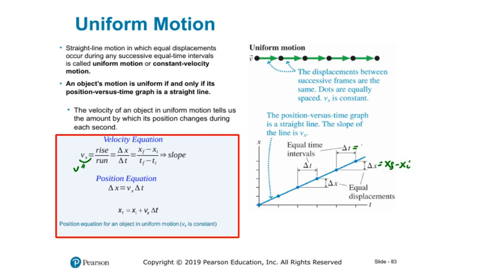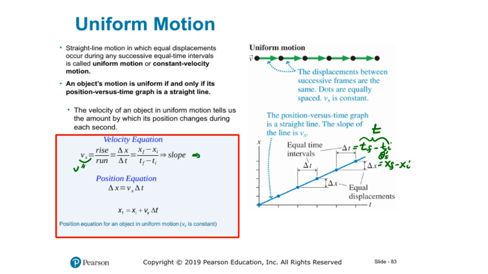And delta x is always the final position minus initial position. That's what delta means. Delta t is also the same, final time minus initial time. But we will always or mostly have the initial time to be 0 seconds. We'll set the final time to t, and we will replace this by t. Keep that in mind as well. It's delta t, with only the initial time starting at 0 seconds.